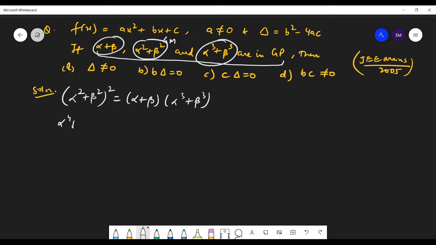So what do you get here? Alpha 4 plus beta 4 plus 2 alpha square beta square, and that's equal to, again here, alpha 4 plus beta 4 plus alpha beta cube plus beta alpha cube. So alpha 4 and beta 4 will cancel out. And what do you get?